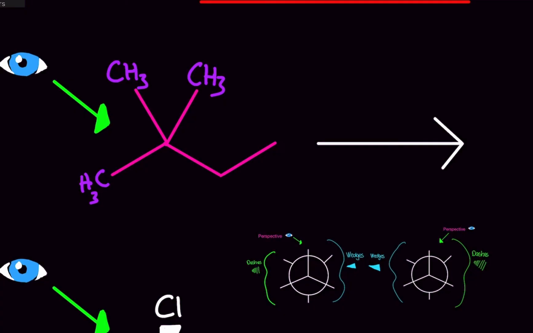Now what we need to do is look at the carbon that's in question, which is the front carbon. That's what we're dealing with right now. And simply draw a line to that atom, and you notice it's a downhill slope, right? If it's a downhill slope, the atom is pointing down.